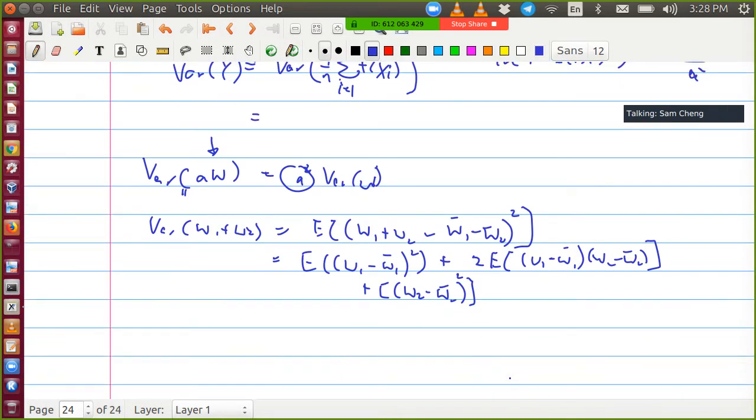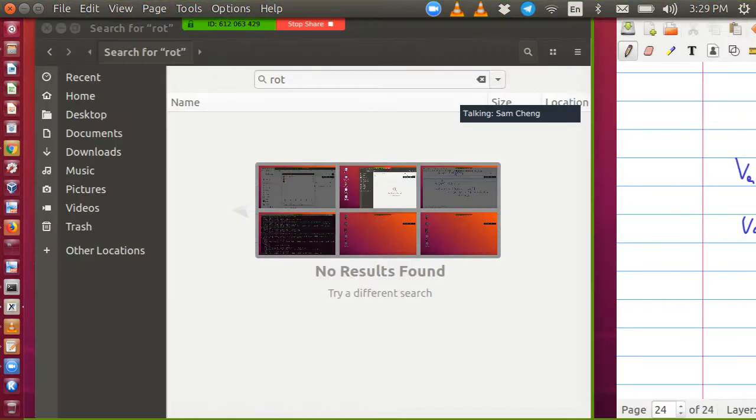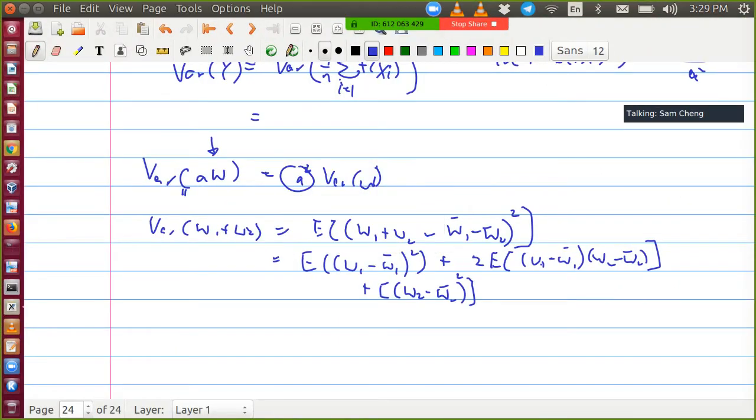Then if we assume that the cross term is equal to 0, and this being 0 is the definition that w1 and w2 are uncorrelated, then this will be equal to 0. And if w1 is independent of w2, it automatically implies they are uncorrelated.